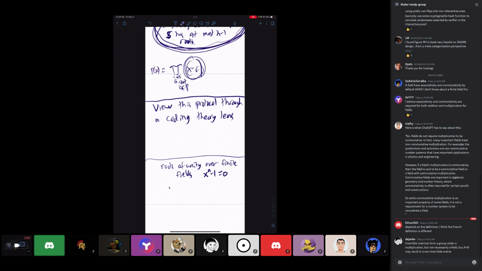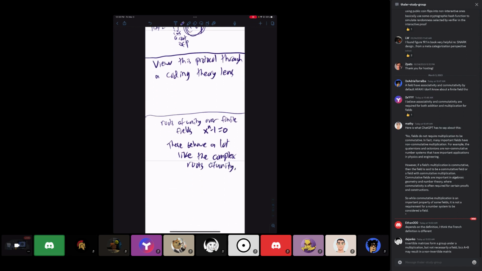And these actually behave a lot like the complex roots of unity. We're really only going to need to discuss this when we talk about FRI. And even then, as long as you have the complex numbers in your head, the way you're thinking about things will still pretty much make sense.